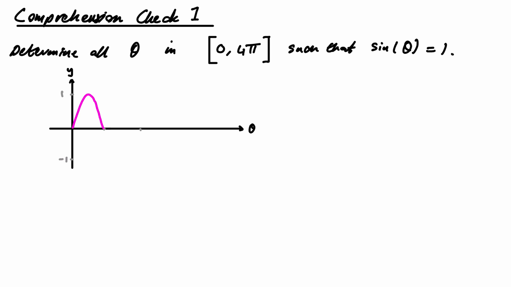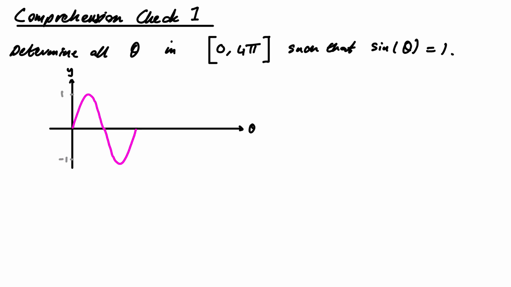In fact, I can probably manipulate this to make it look nice. Okay, so this is basically what it looks like. And that's only between 0 and 2 pi, of course.